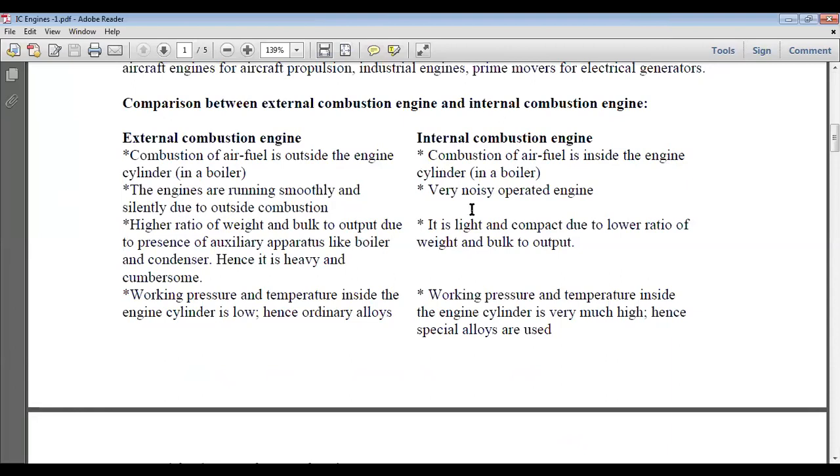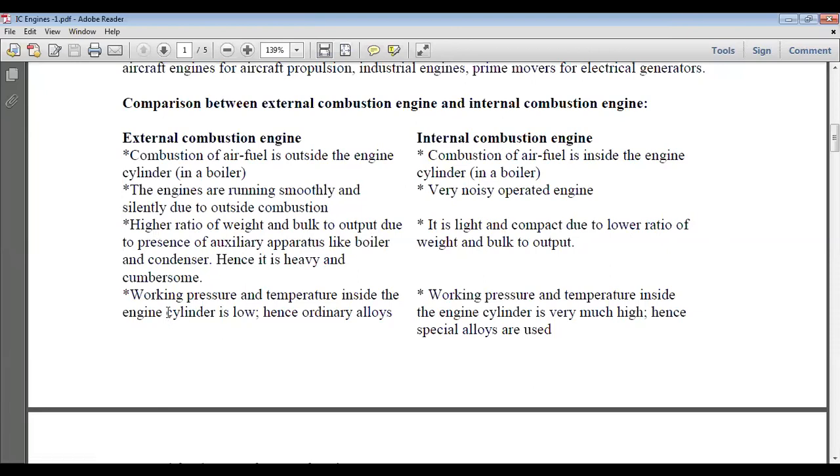Third point is a higher ratio of weight and bulk to the output in the external combustion engine, due to the presence of auxiliary apparatus like boiler and condenser, and hence it is heavy and cumbersome. The parts are heavy, with a high ratio of weight. On the other side, the internal combustion engine is light and compact due to the lower ratio of weight and bulk to output.